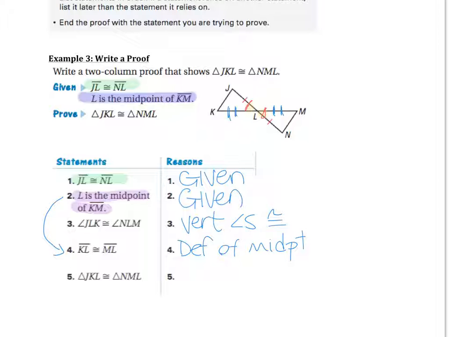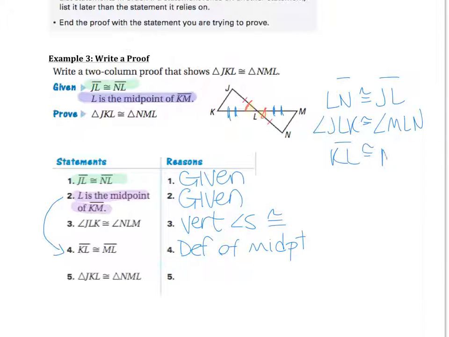And then why are the two triangles congruent? Look at what you have marked up here. You have sides, you have the angle, and then you have the side. So the reason would be side, angle, side.